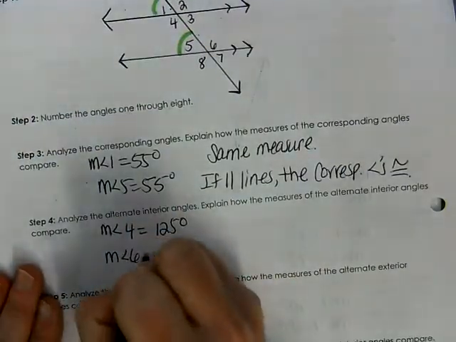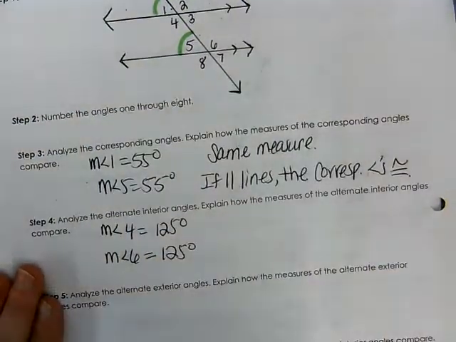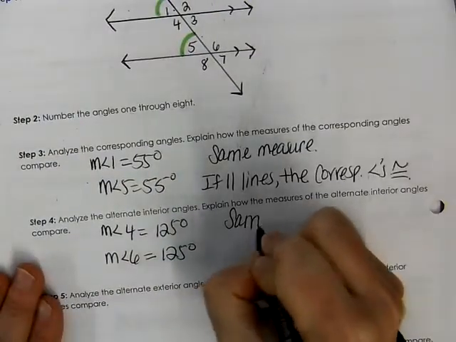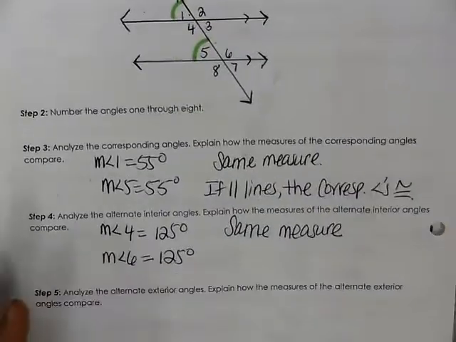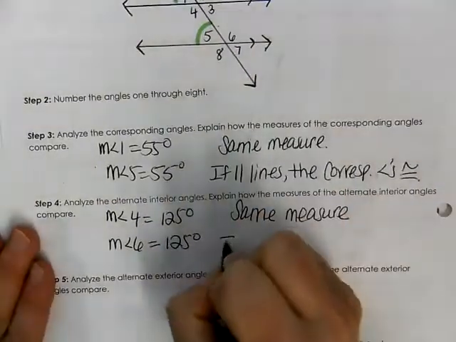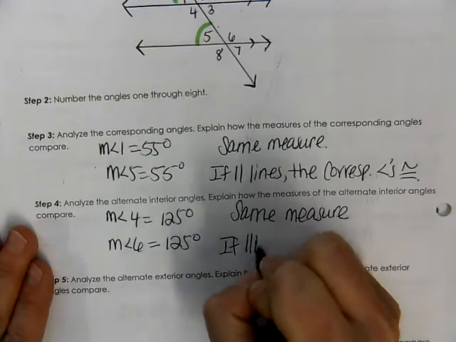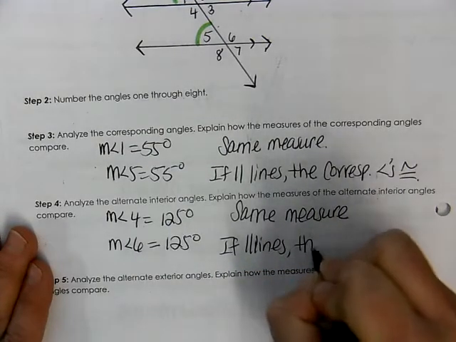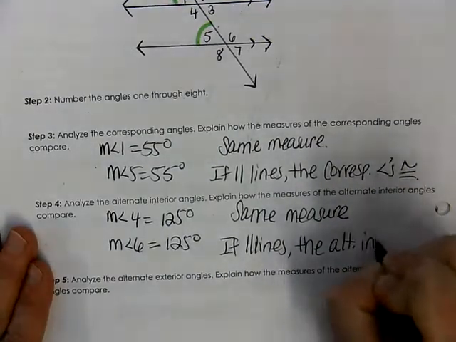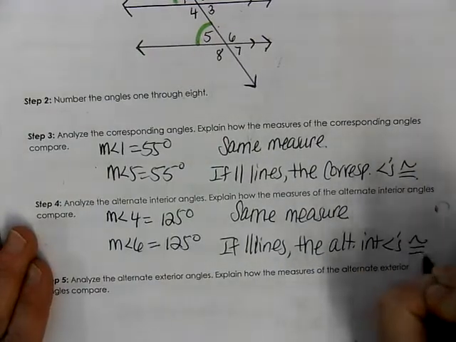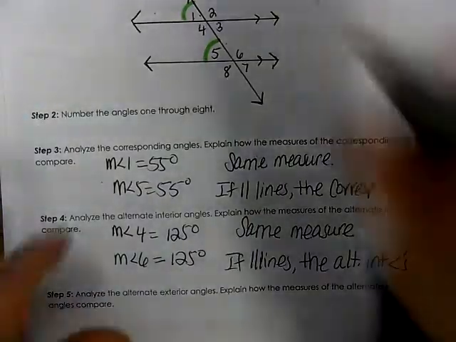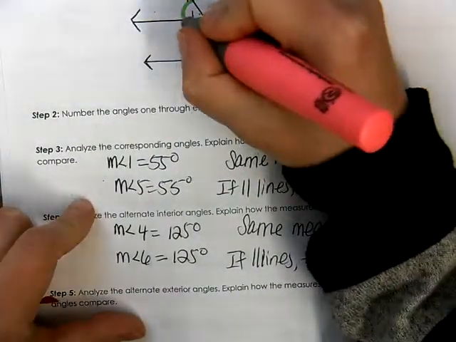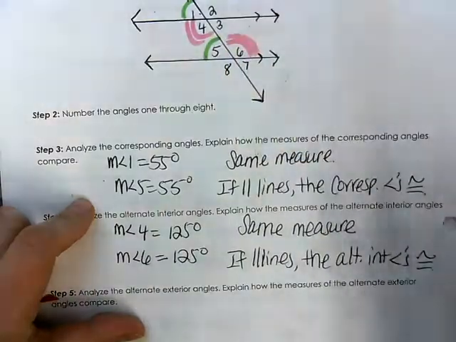And once again, it appears to be about 125 degrees. They are the same measure. And so therefore, I can say that if we have parallel lines, then alternate interior angles are congruent. So I'm going to mark those angles up. Angle 4 is congruent with angle 6.